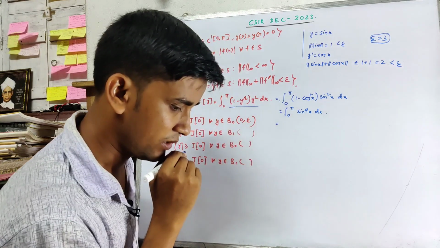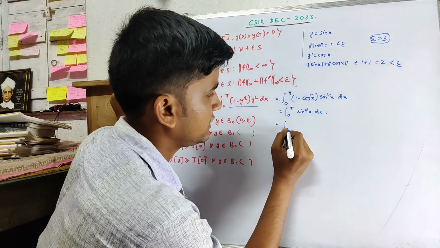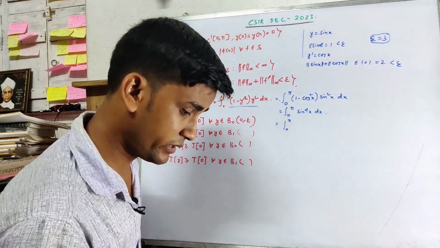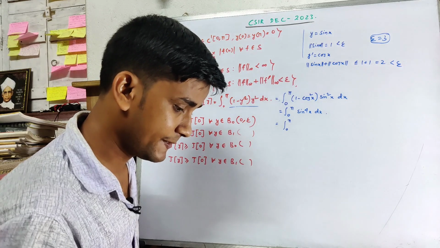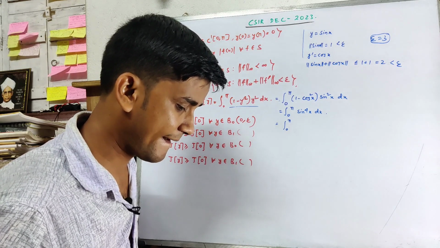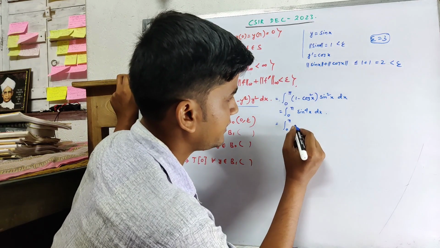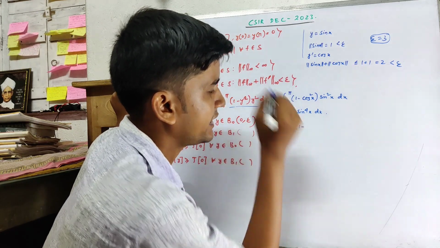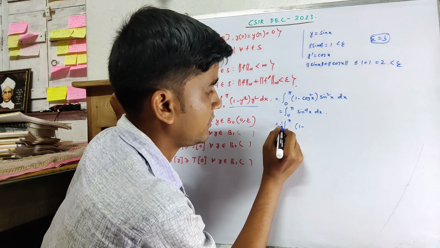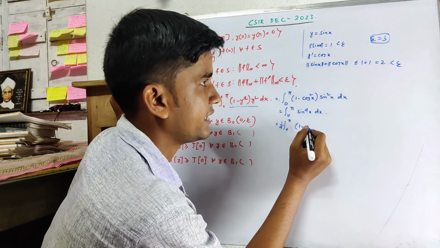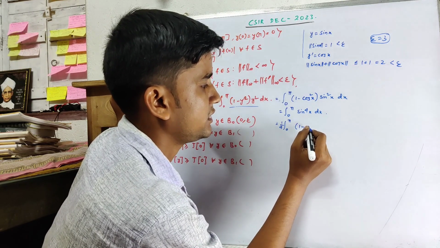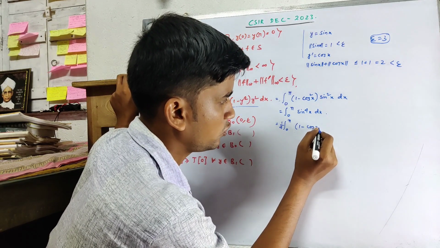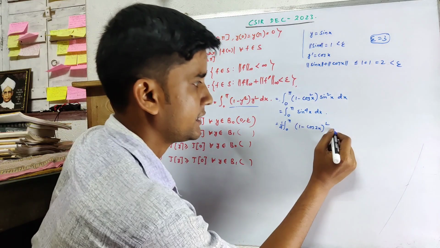If we write sine to the power 4x dx, integration 0 to pi, how can we write this? We can write sine square x as half into (1 minus cos 2x), so this is 1 by 4, then (2 sine square x) whole square, that is (1 minus cos 2x) whole square, dx.